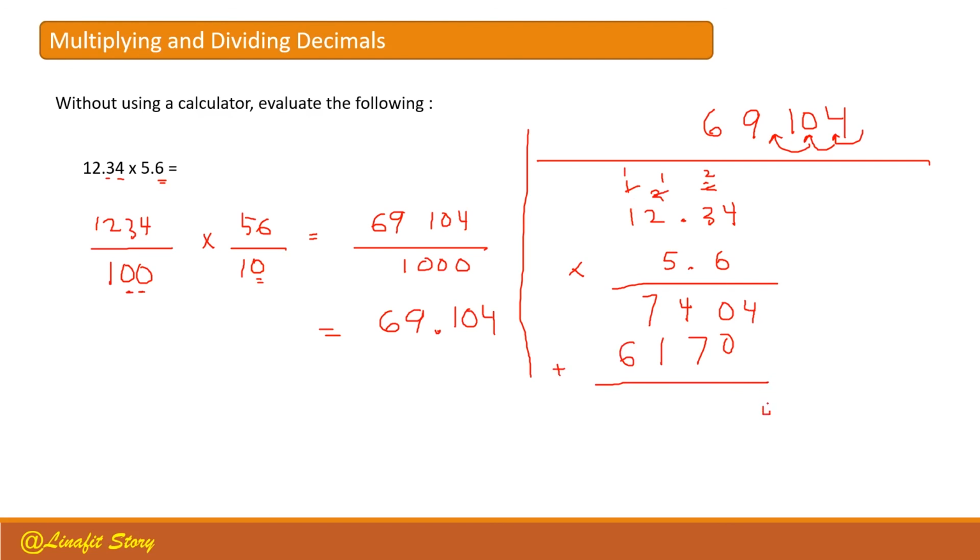How many decimal places are there? 1, 2, 3. Then put the decimal point here.